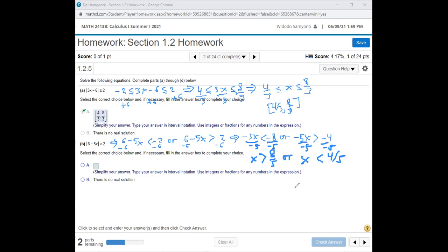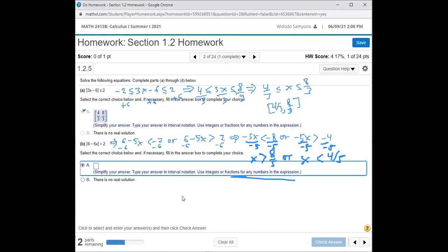So from here, the or is in the middle between both of them. Yeah. So now the or is replaced with the union sign. Okay, now you need to answer this one here.